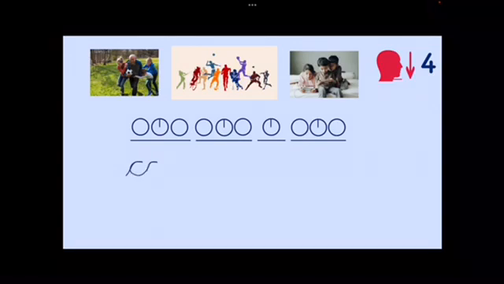K is C, O is O, M is M. And my mouth was closed that time, so I know to write a letter M. Pet, P is P, E is E, T is T, I is I, or what could you do?